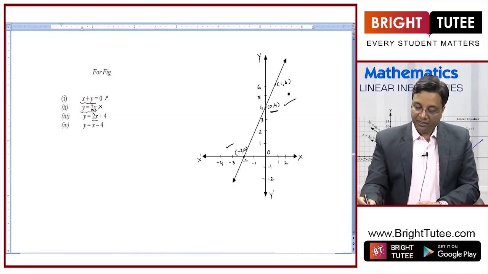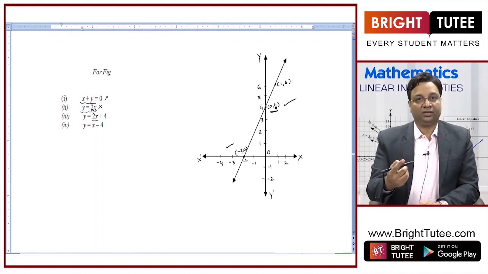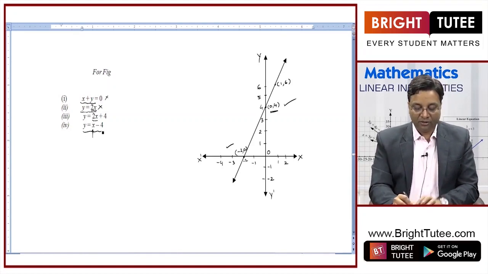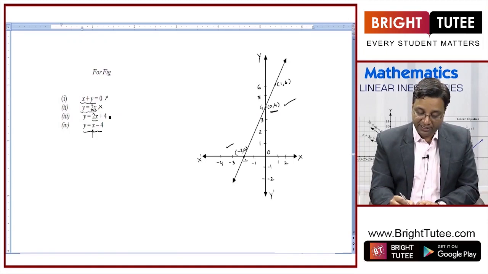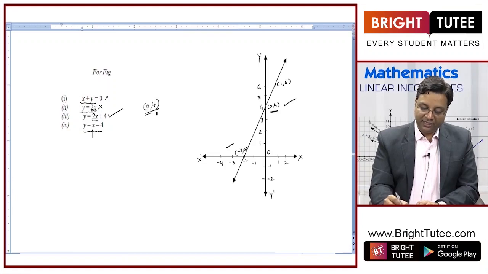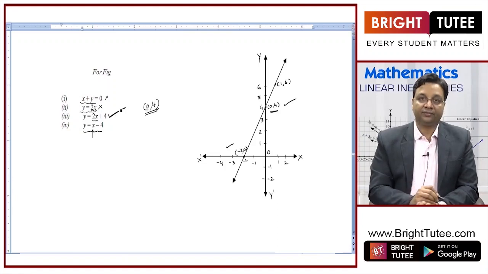Okay, now see, by just checking one point you cannot write the answer, because if you check here, if you put x equal to 0, y is not equal to minus 4. So yes, in this case this is the answer, x equal to 0, y equal to 4 satisfies this equation.